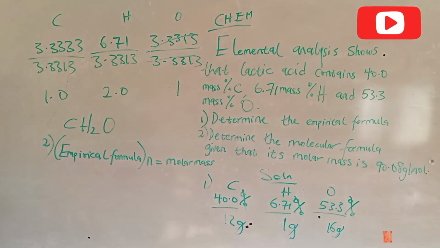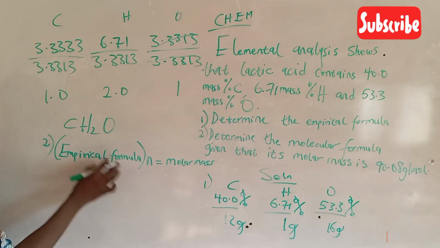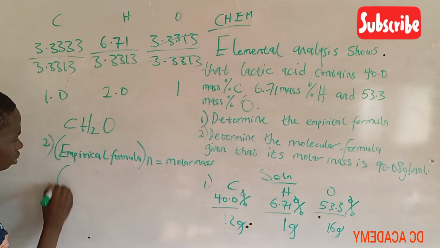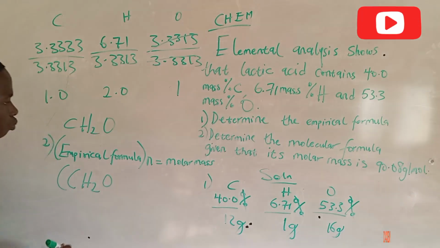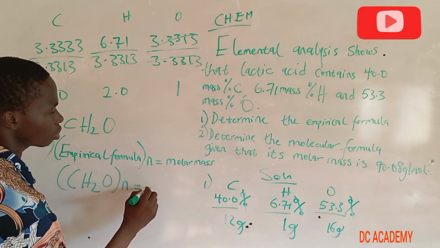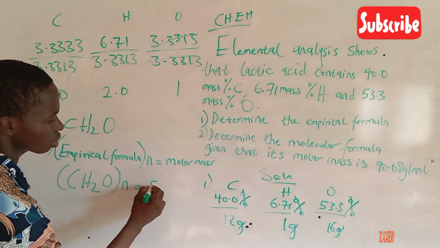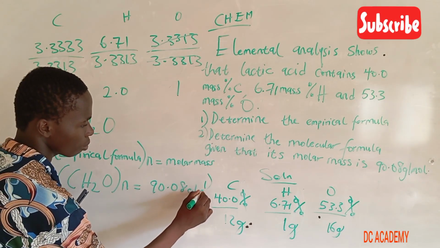Now, we got our empirical formula to be CH2O. n equals what? The molar mass was given as 90.08 gram per mole.